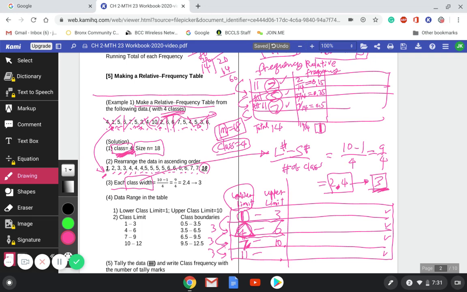So 1, 2, 3, 4, 5, 6. Oh, 3 plus 7 was 10. I made a mistake here. And there should be 9 then. I made an arithmetical mistake.